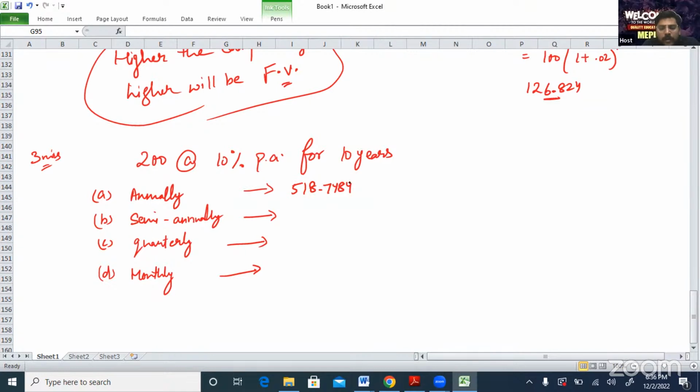So 5 is my I/Y. My present value is 200, with the minus sign. Compute the future value, that is coming 530.6595.